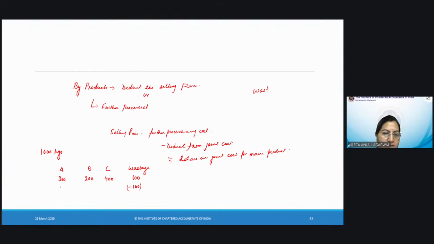Okay, so 33.33 units will be gone here, and 22.22 units would be gone here, and 44.44. So the total will be of 333.33 units. In this way, you will divide the physical units.